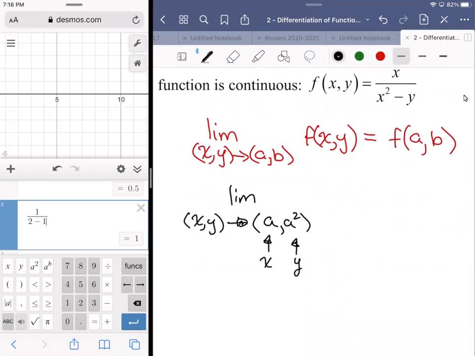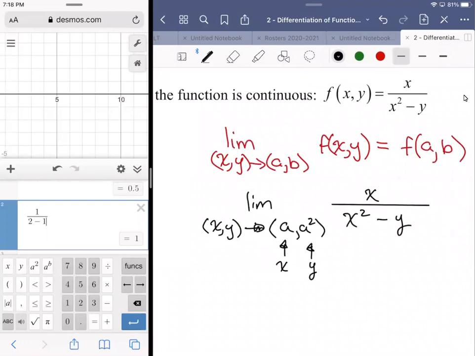So f(x, y) is x over x squared minus y. Let's go in for the x's, and this goes in for the y.